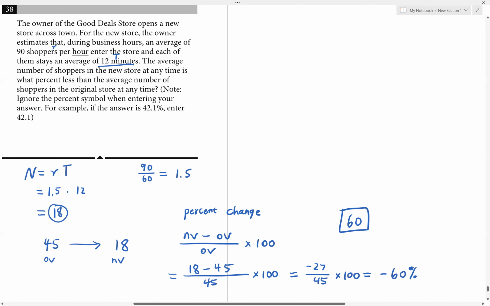It makes sense that we would get a negative percentage because it's a percent decrease, so the negative is understood. Our answer is 60, and that should be it for number 38. For any percent change question, we can always use this formula right there.